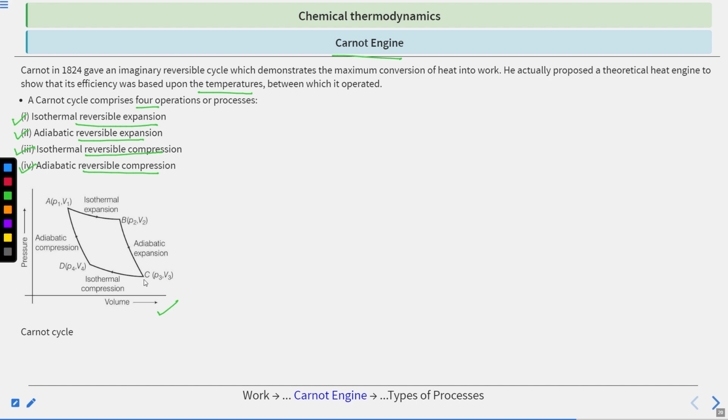Then from C we go to D by a sudden change in volume and slight change in pressure. At D, the pressure is P4 and the volume is V4, and the process was isothermal compression. From D, we again go to the starting point A by adiabatic compression, where pressure suddenly changes and volume changes slightly. So this is the Carnot cycle, representing the different expansions and compressions happening in it.